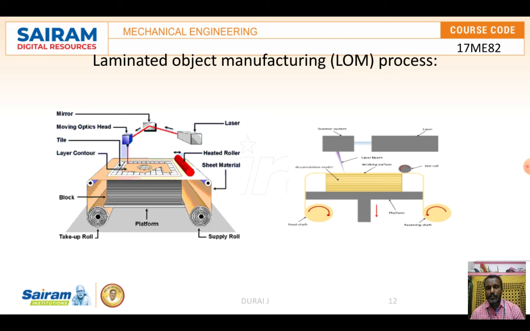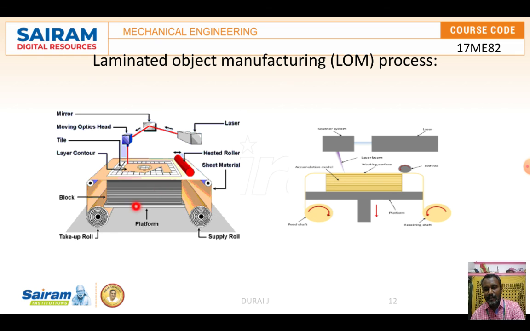Normally, the heated roller makes rolls over the solid sheet. Then the CO2 laser moves according to whatever the CAD data is. Whatever modeling has to be done, the movement takes place accordingly, so the first layer is formed.